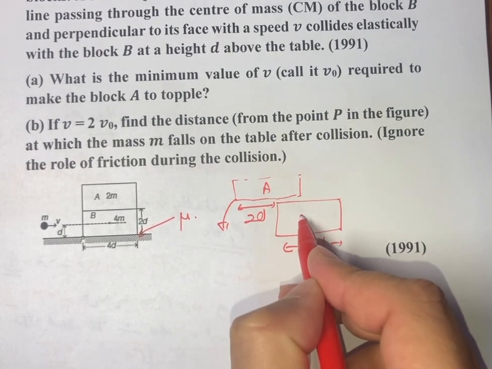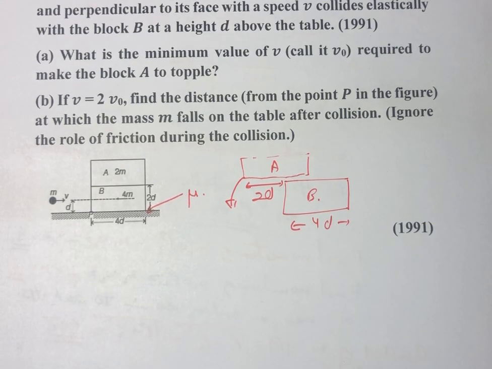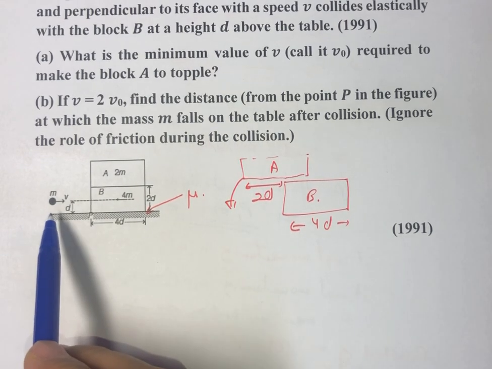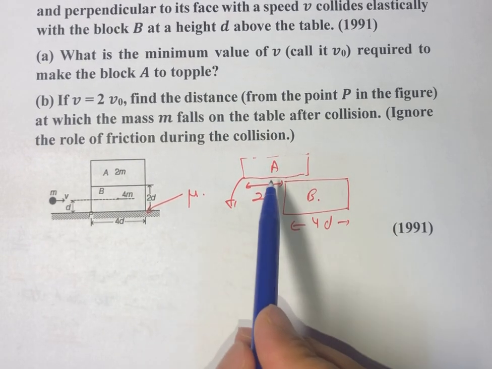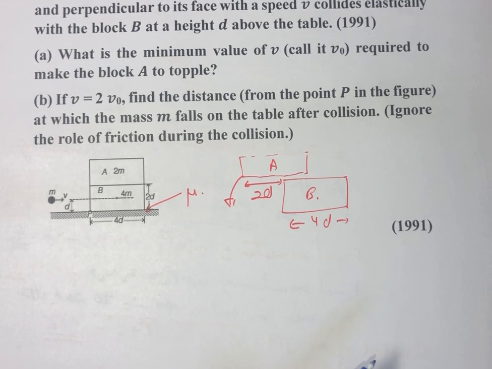So this is block A and this is block B. So we have to find out the velocity of this mass m so that it forces block A to topple. And it is given that they collide elastically.